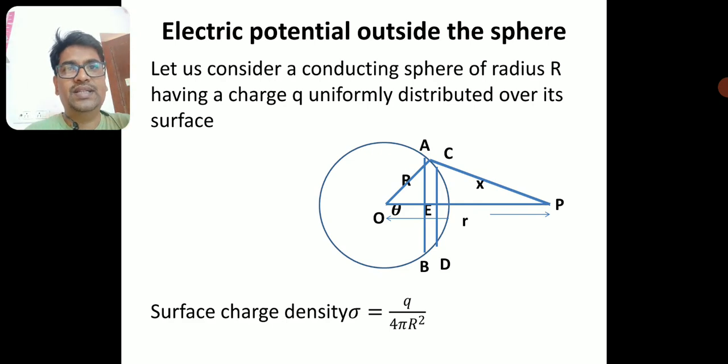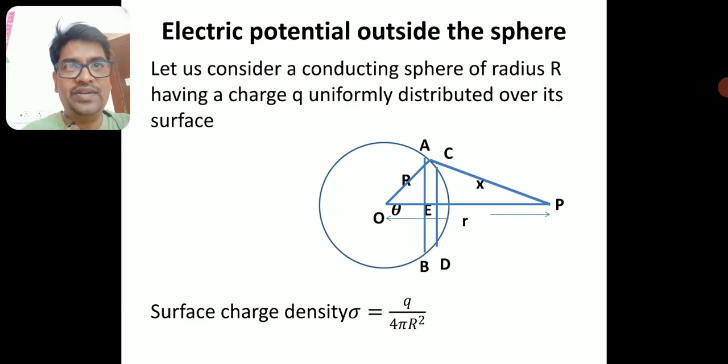Let us consider a point P which is at a distance of small r from the center of the sphere. I am considering a point P outside the sphere because my case is outside the sphere. This small r is mentioned in the diagram.